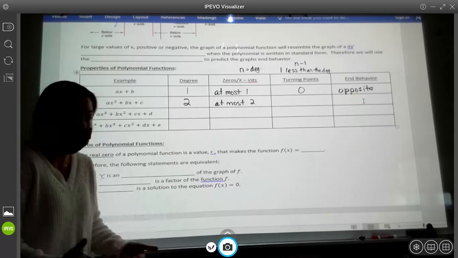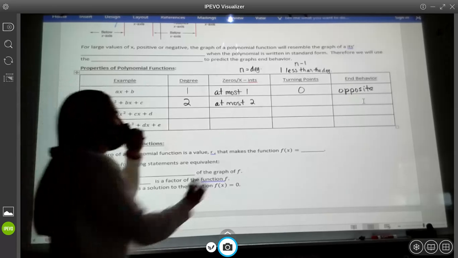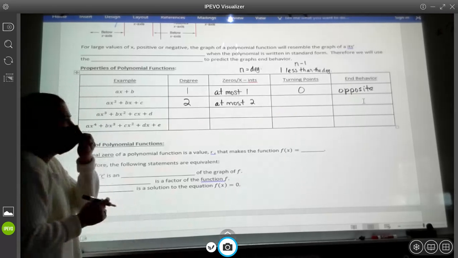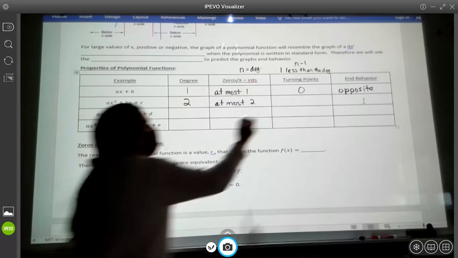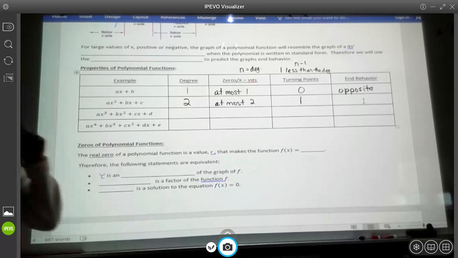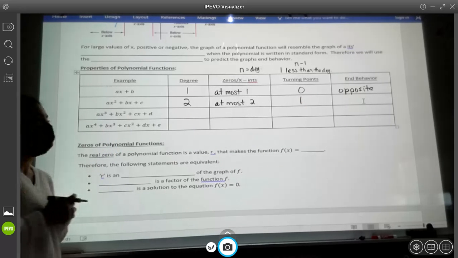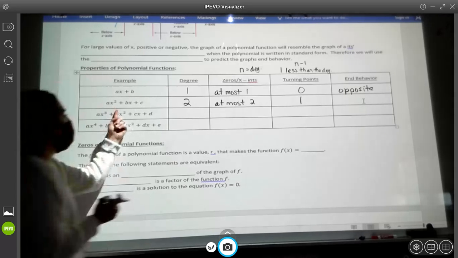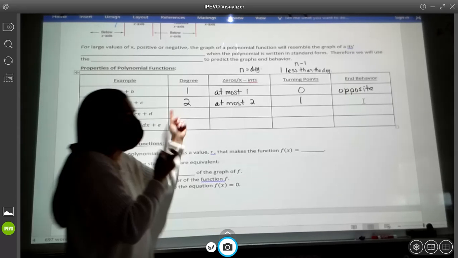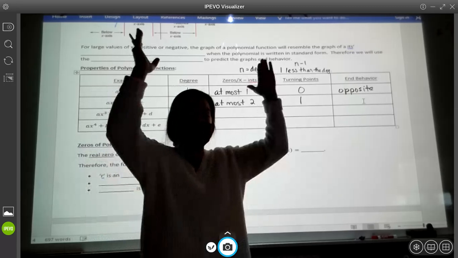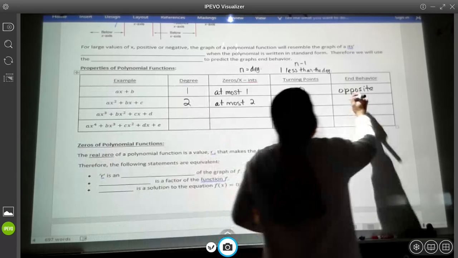It's just a repeated x-intercept. At most the number of turning points is 2 minus 1, so a quadratic can turn at most 1 time and change direction from increasing to decreasing. A quadratic is an even degree polynomial, so the end behavior should be the same. Both ends should be up or both ends should be down.